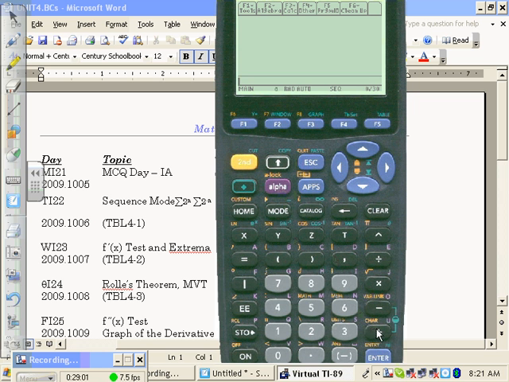Alpha u 1 of 1 is 1, right? But what if you add up 10 terms? What if you add up 100 terms? I'm not going to do ludicrous speed again, because it just messes everything up. What if I put in 1,000 terms?